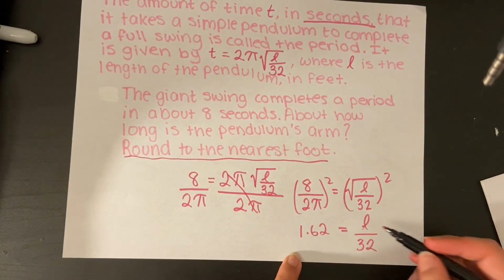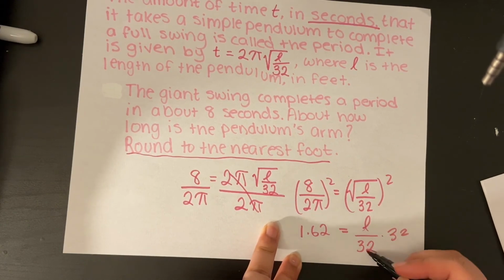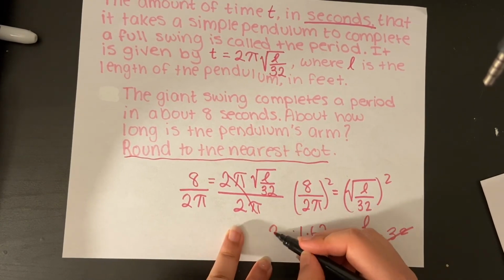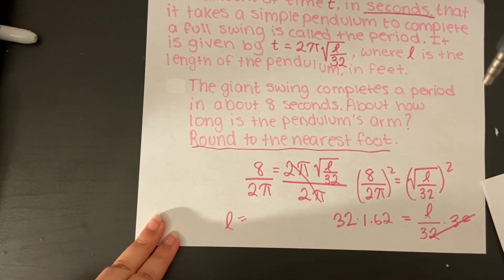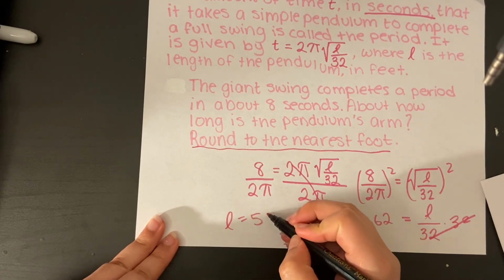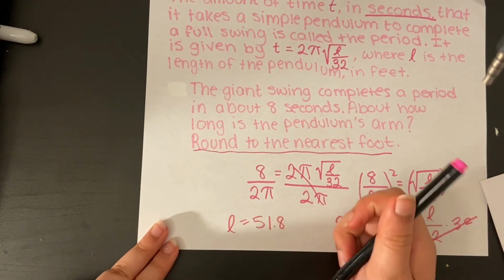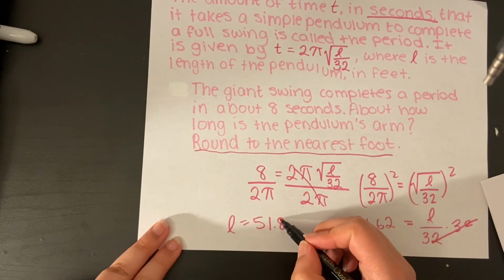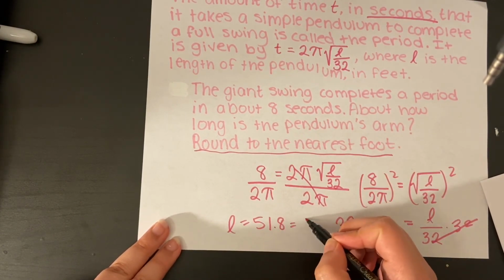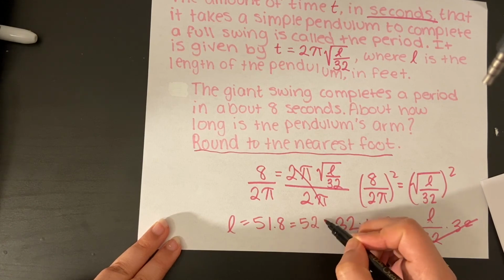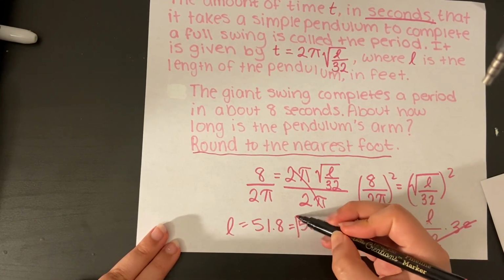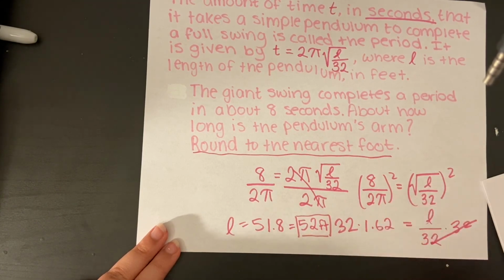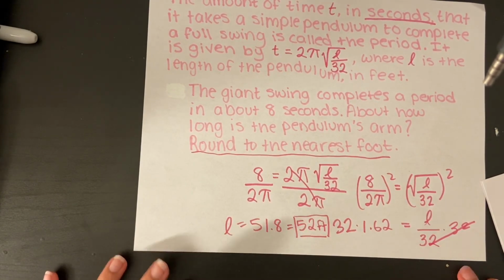I can just multiply both sides by 32 to isolate the variable, and I'm left with L is equal to 51.8. It says round to the nearest foot, so since it's 0.8, we would be converting it into 52 feet. And there's your answer, 52 feet. That is the length of the pendulum's arm.